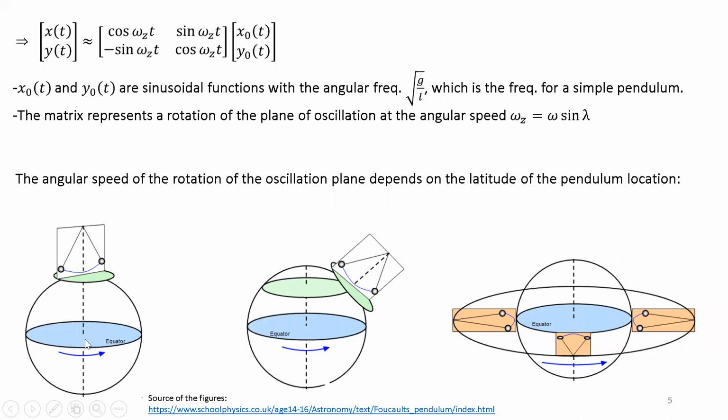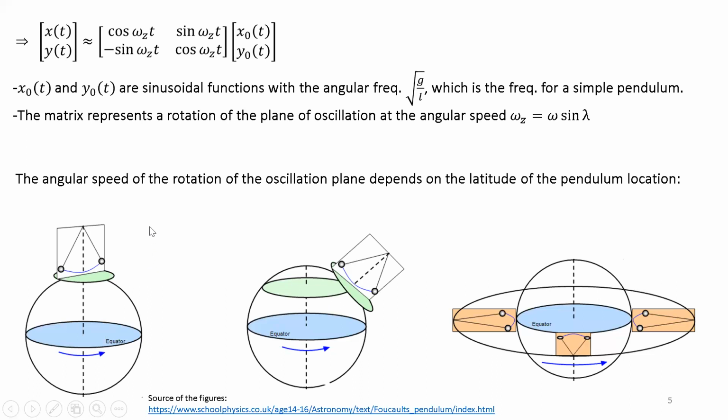In this special case, I think it's quite easy to imagine. Exactly 24 hours, the plane of rotation completes a turn, because the Earth is rotating, but this plane, according to a fixed observer, is not rotating. Therefore, the observer on the Earth will think that the plane of oscillation is rotating with a period of 24 hours.